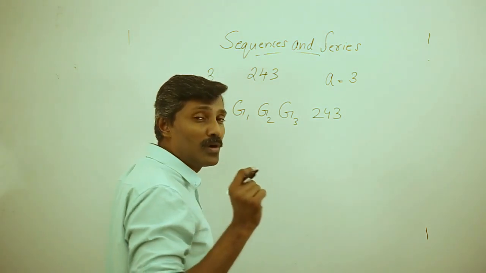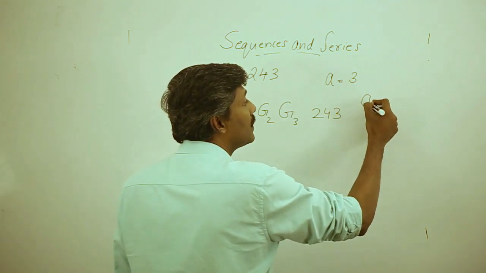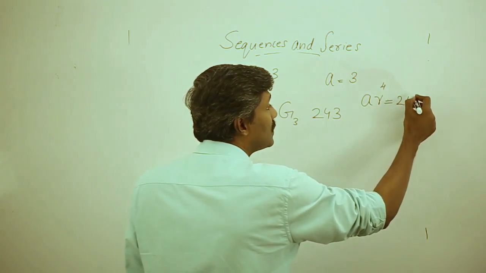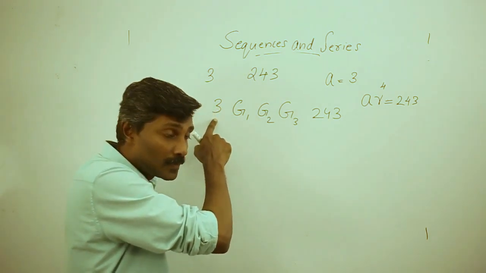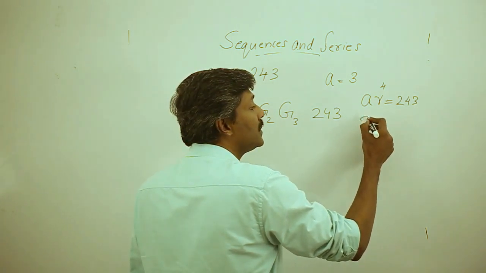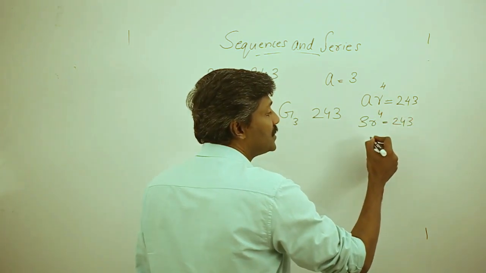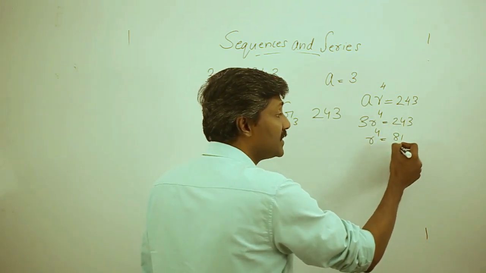Yes. So what is the fifth term of a GP? It is nothing but AR raised to 4, correct? So that is 243, and I also know that A is 3. So 3 into R raised to 4 is 243, which means R raised to 4 is 243 divided by 3, which is 81.